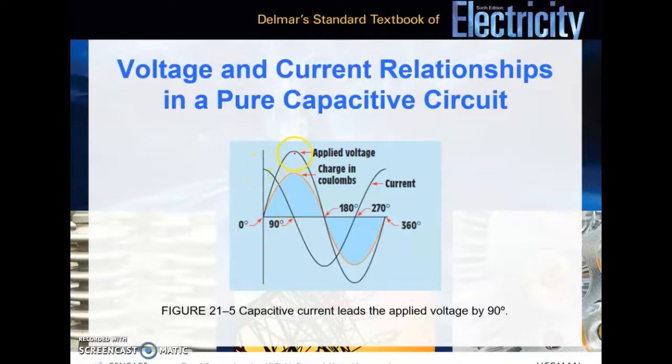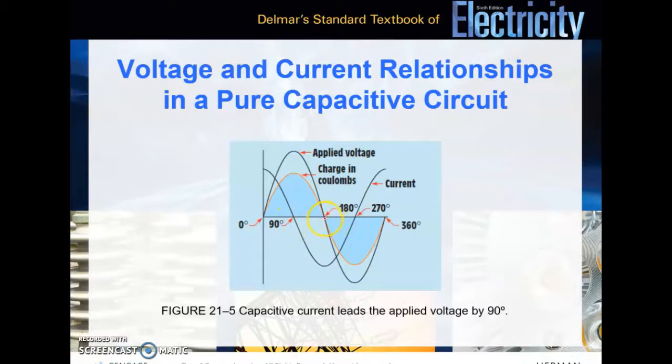At 90 degrees, the applied voltage is maximum. The charge on the capacitor is therefore also maximum. And at that point in time, the current limiting effect is greatest. So the current at 90 degrees is 0.